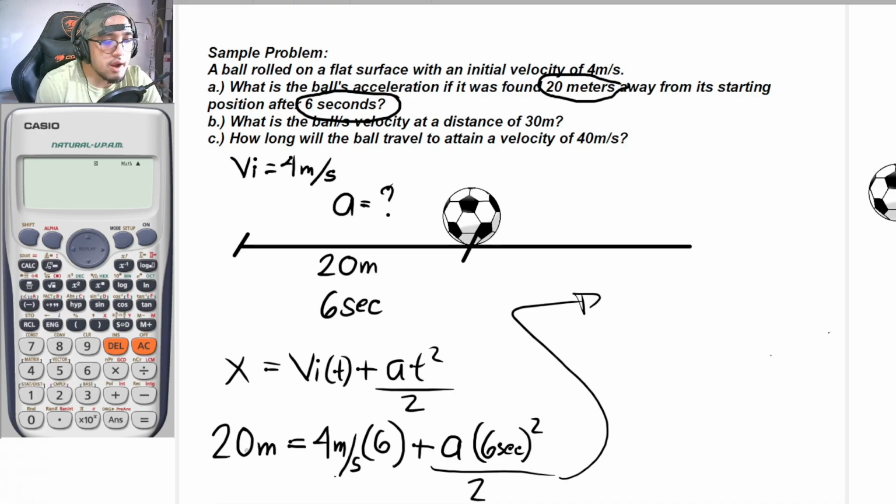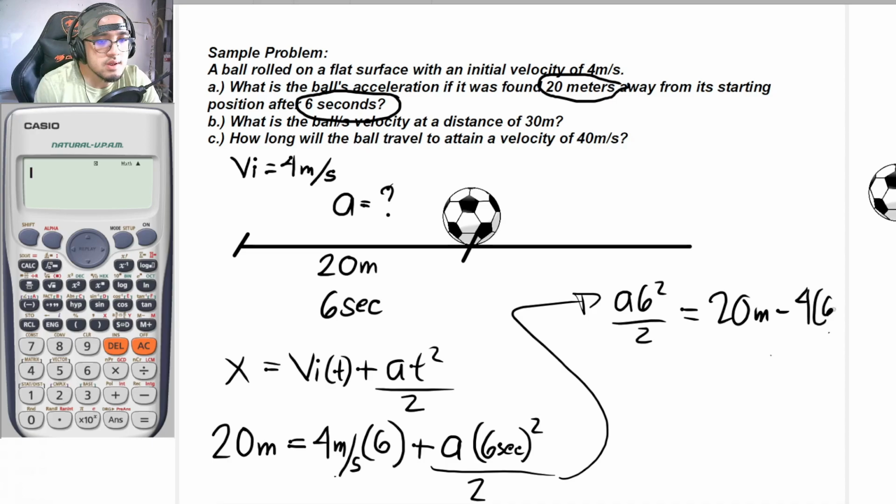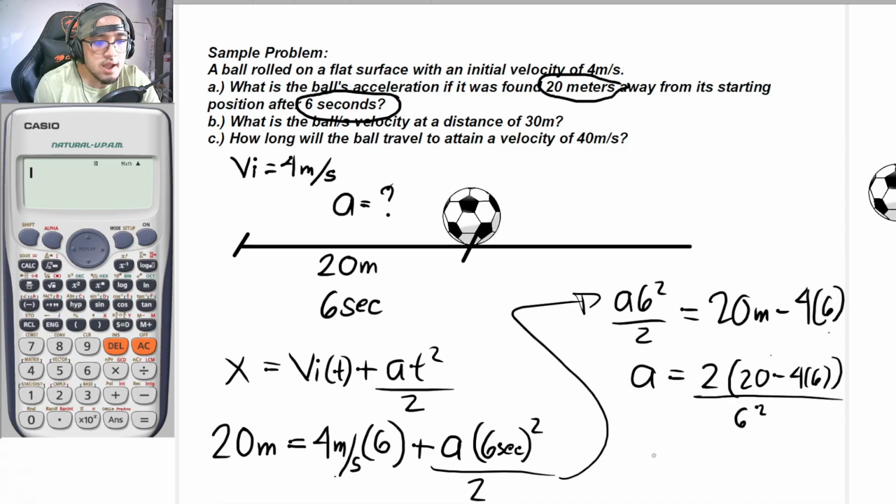So with that, I'm rearranging our equation here. So A times 6 squared divided by 2 is equal to 20 meters minus 4 times 6. So for us to isolate this A here, A is now equal to 2 times 20 minus 4 times 6 divided by 6 squared. So basic algebra.